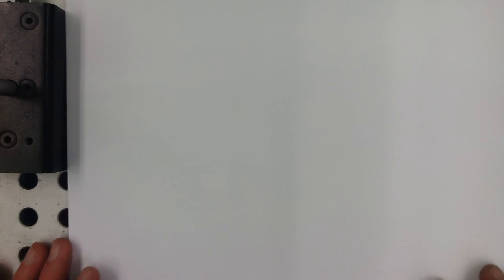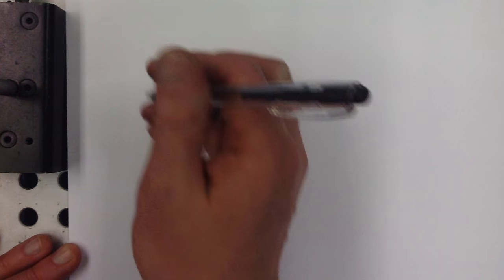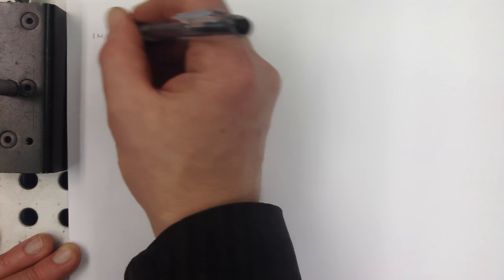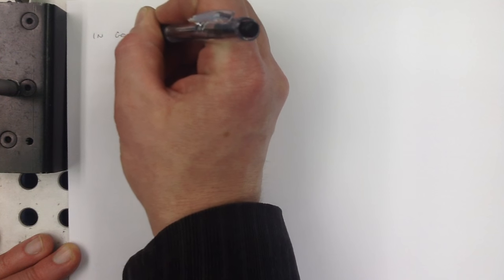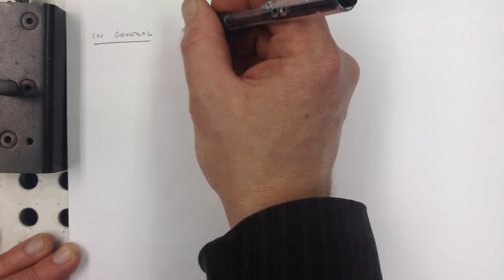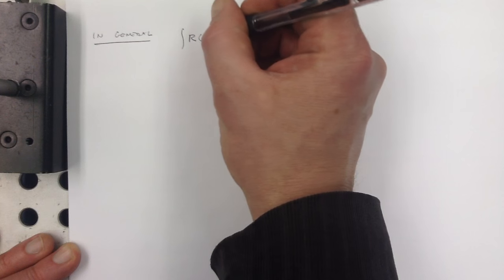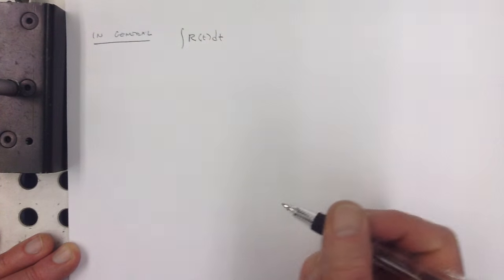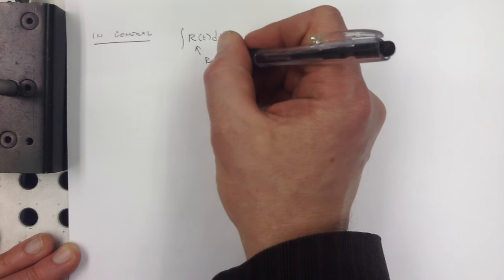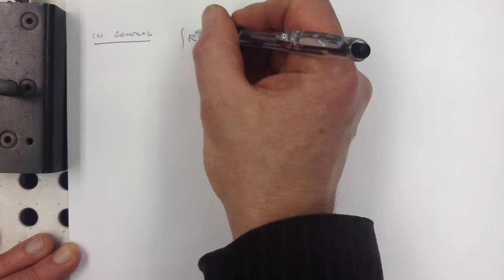Let's take a look at some College Board problems, but let me just make a general point here. In general, if we take the integral of a rate, which I'm just going to call r prime of t, right?